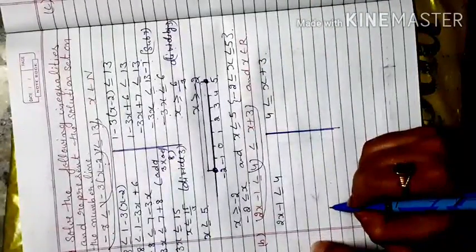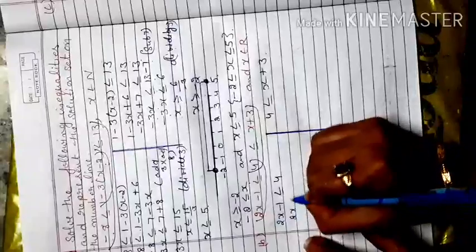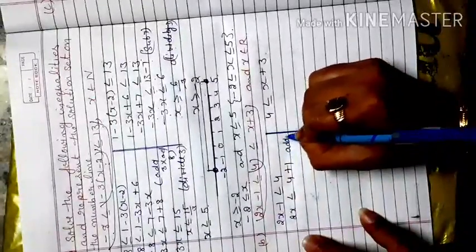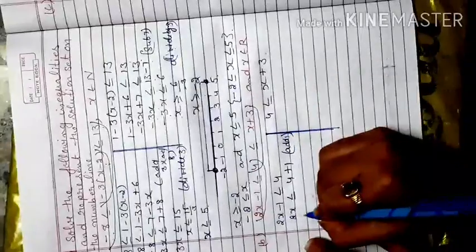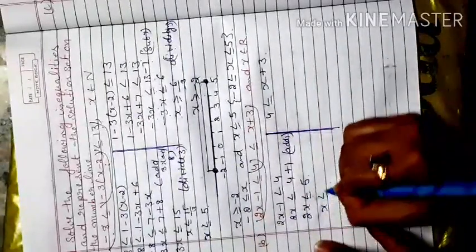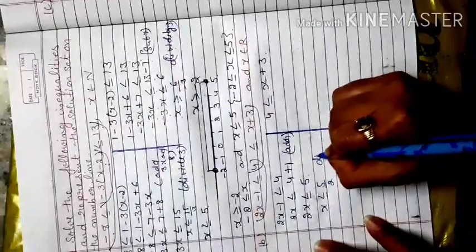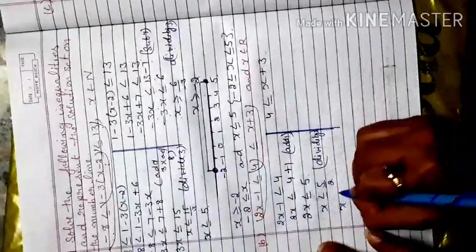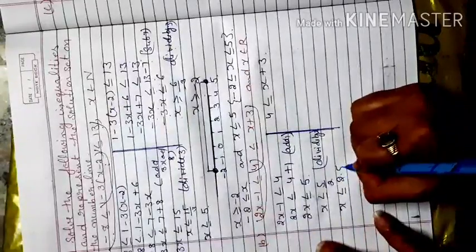Now when you solve that one, so 2x less than equal to 4 plus 1, add 1. So 2x less than equal to 5, and divide by 2, x is less than equal to 2.5.